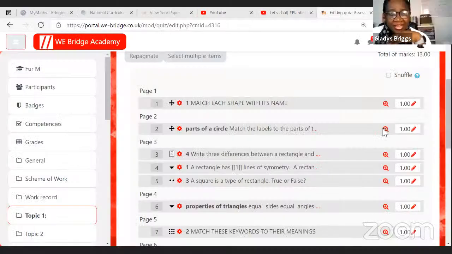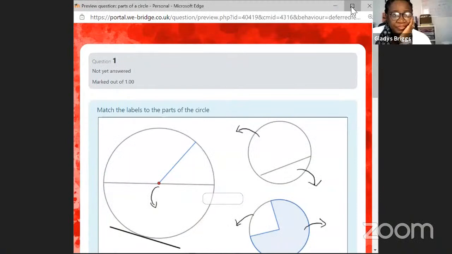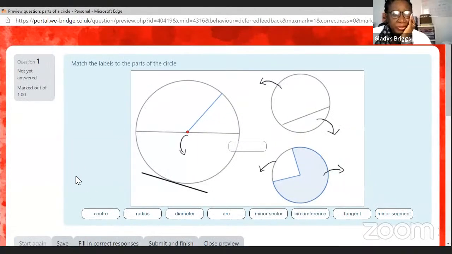So let's have a look at the next question, which is like the parts of a circle question. Let's preview that one. I don't know if this one is going to work properly because there was one that had a problem. Or some of you were using your phone to do it, so you couldn't do it. So where is the center of the circle? I think it's there.